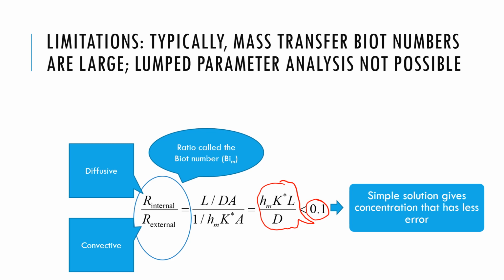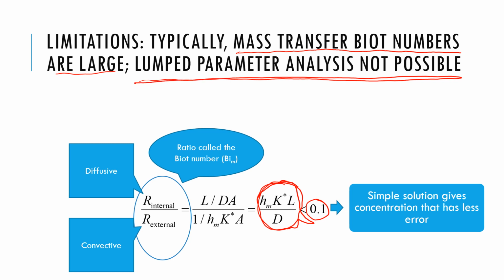But the important part, to put things in perspective for practical applications, is that for mass transfer the Biot numbers are often large. So this lumped parameter analysis is often not possible. It may be good for early stages of drying, but it's only for very restricted cases that we can really do lumped parameter analysis for mass transfer.